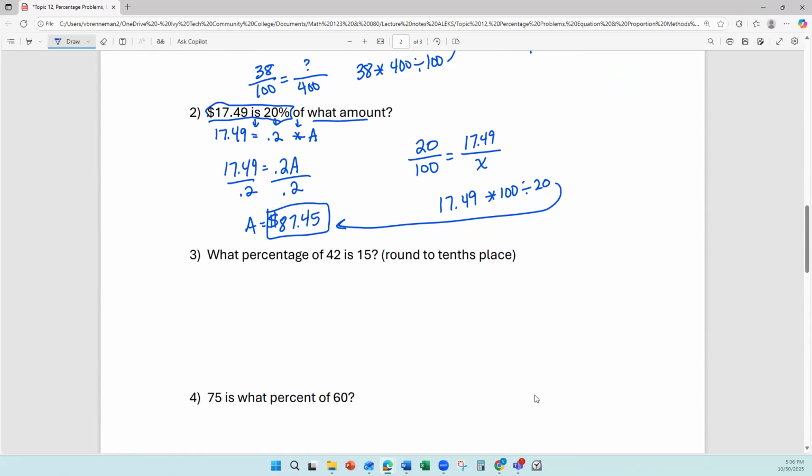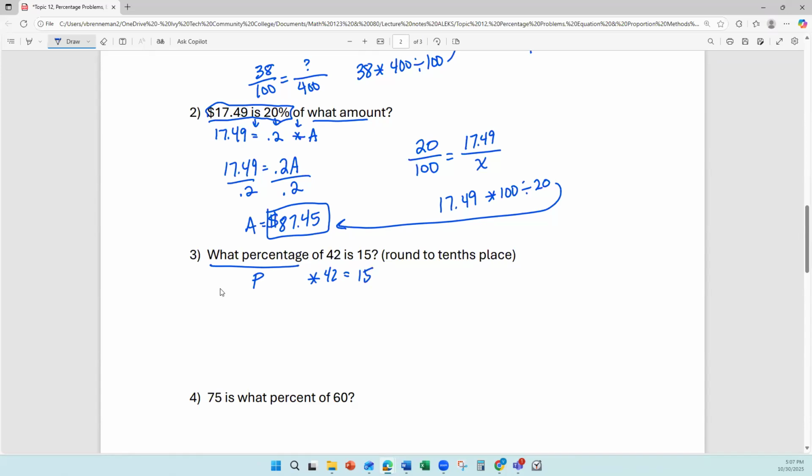Then what percentage of 42 is 15? So here we're looking for the percentage. That's always going to be some division of the two numbers. So finding a percentage, there are two steps: there's a division, which gives the decimal form, and then there's converting to percent form. If you just do the division and just stick a percent sign on your answer, no good. There does need to be a division. So here, what percentage, I'll call that P, of is the times 42, is becomes equals 15.